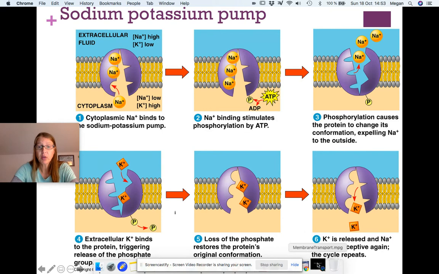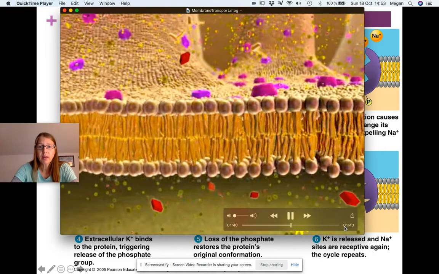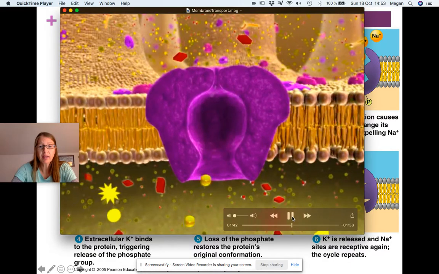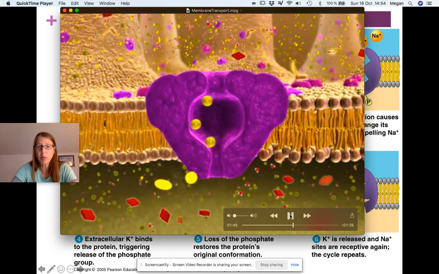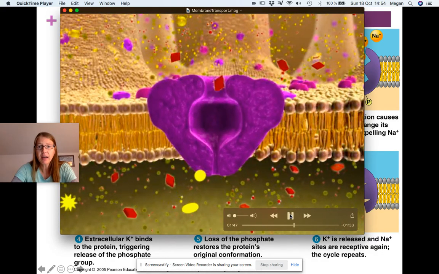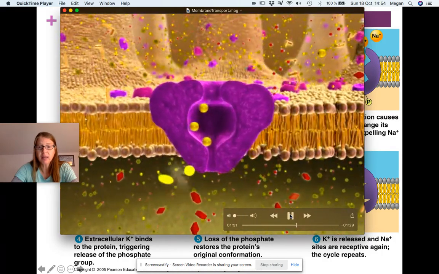I'm going to show you a quick animation of that happening, and I'm going to try to talk over it so you can see what's going on. Okay, so here is the sodium-potassium pump, and you see 3 sodiums go in. And did you notice right there that that was the ATP phosphorylating the protein? That allows it to change shape to be open to the outside. Then the sodium gets released, the potassium comes in, and then gets released to the inside.